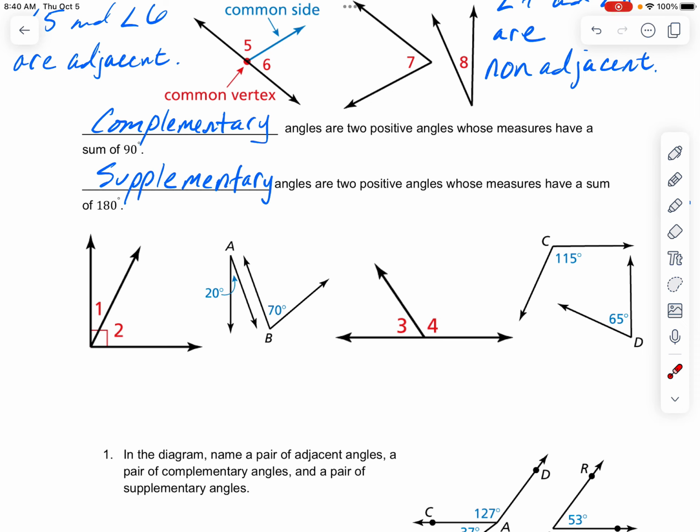So this is an option to pause real quick, look at these 4 different diagrams, 1, 2, 3, 4, and ask yourself, are the angle pairs shown complementary, supplementary, or neither? So number 1, angles 1 and 2. Angles 1 and 2 clearly add up to 90 degrees. We have the box in the corner. That tells me that the whole angle is 90. So angles 1 and 2 are complementary.